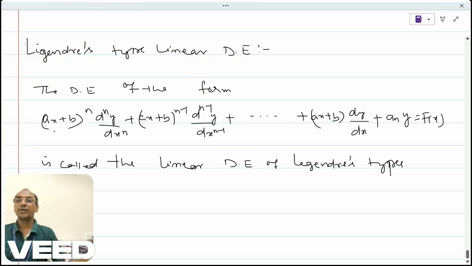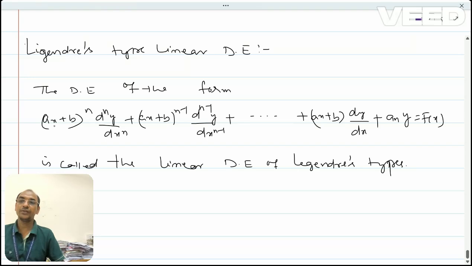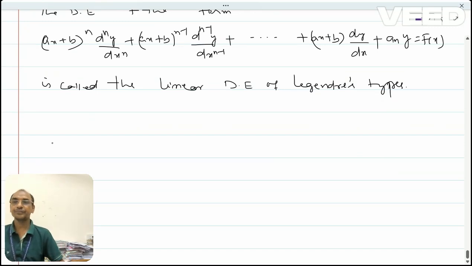Now, in the Cauchy-Euler equation, the coefficient was only x, but here the coefficient is in the form of ax plus b. So how can we solve such a problem? If this type of problem comes in your examination, then we will apply this transformation.